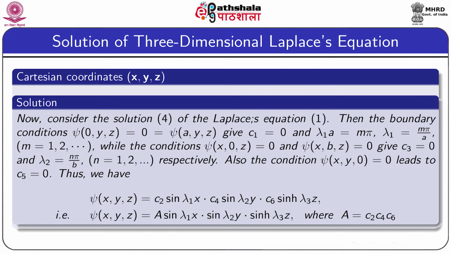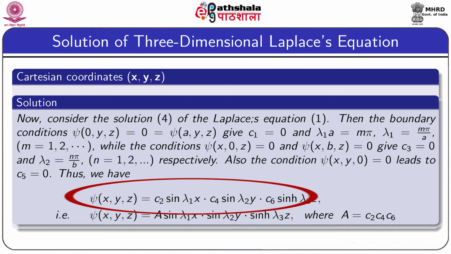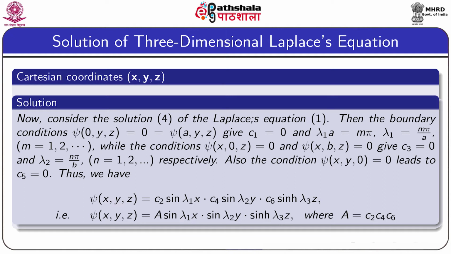If we put C5 equals 0, we find that the solution reduces to the form psi equals C2 sine lambda 1 x, C4 sine lambda 2 y, C6 sinh lambda 3 z, or we can write these three constants together as constant A. So, psi is equal to A sine lambda 1 x, sine lambda 2 y, sinh lambda 3 z, where capital A is C2 C4 C6.